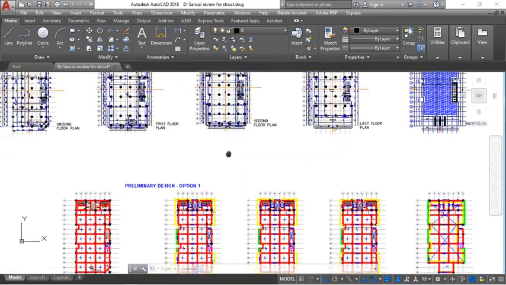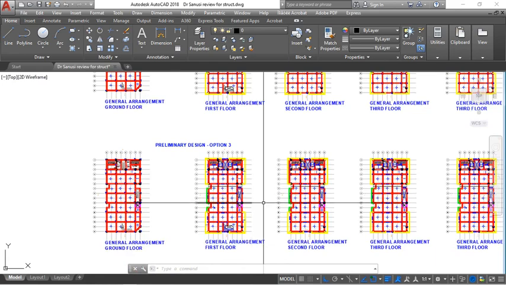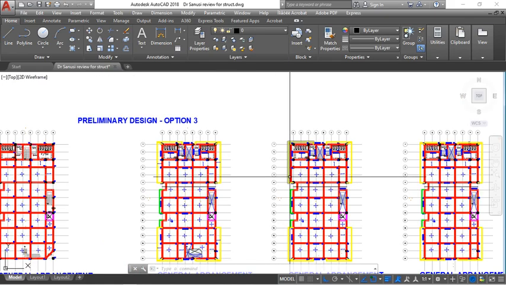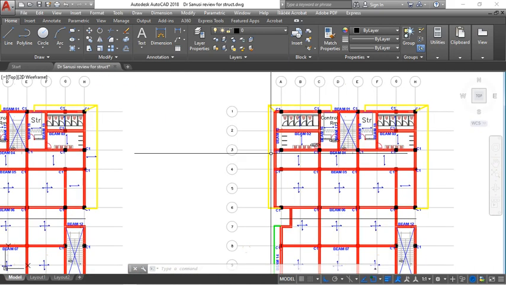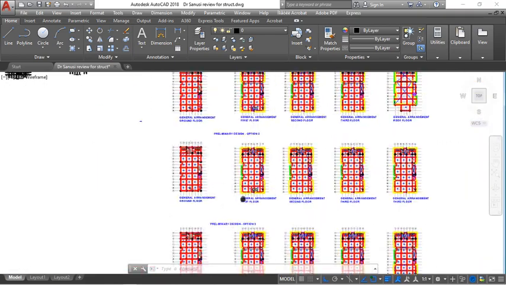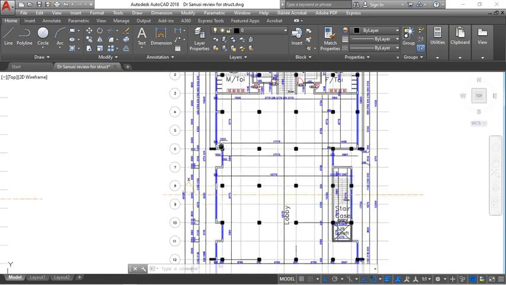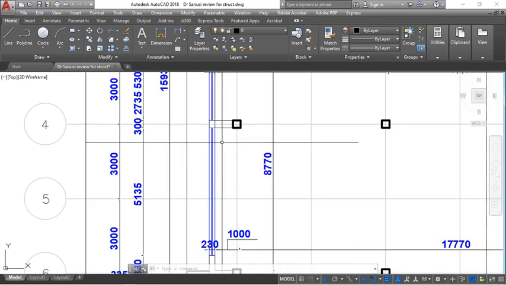With that in mind, I felt there's no need to go ahead with option 3, where the beams are cantilevered out, and these cantilevered beams will support this beam on the edge that will be sitting directly on the walls on this side.